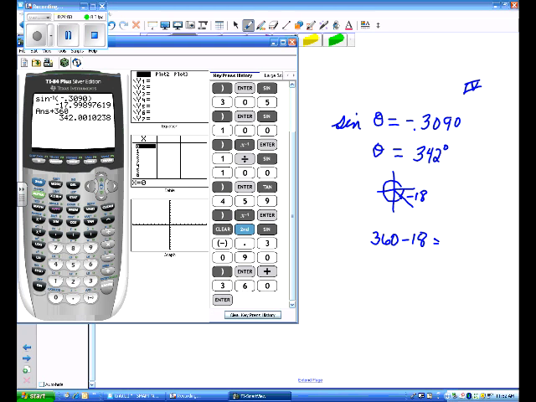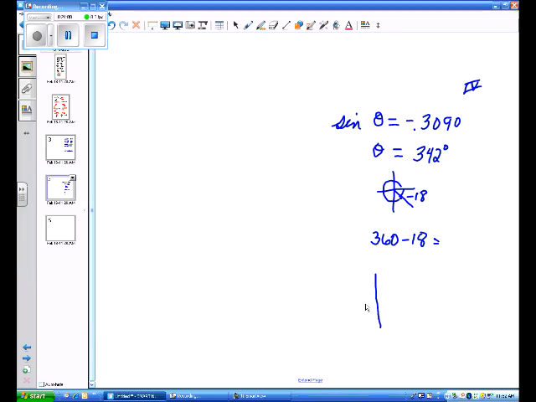Suppose we wanted this in quadrant 3. We said we wanted it in quadrant 4, but since it was negative, we could have wanted it in quadrant 3. Now, we would have gotten that same answer, but we needed to put our angle in quadrant 3. So what we need to recognize is that 18 is our reference angle.